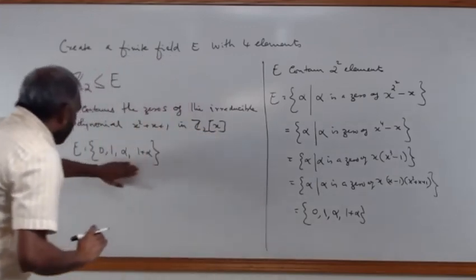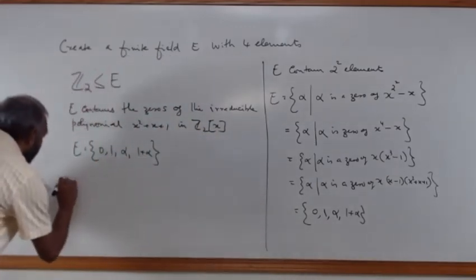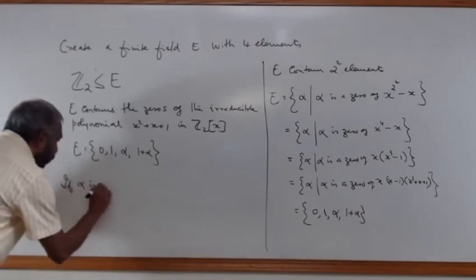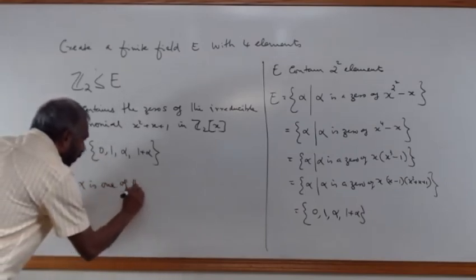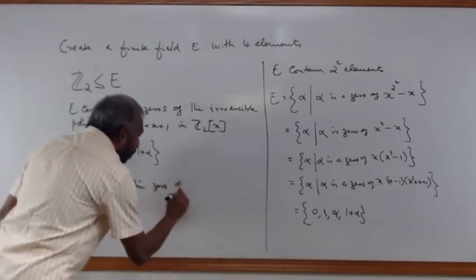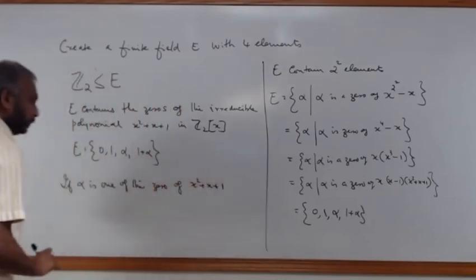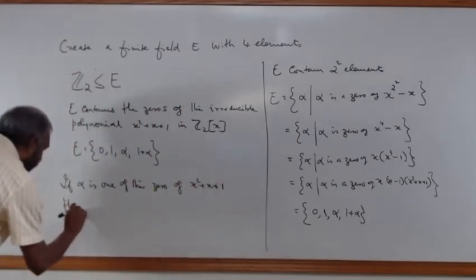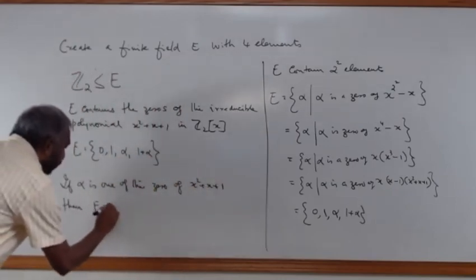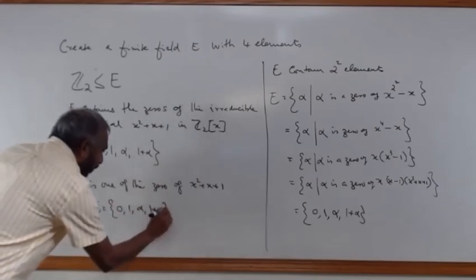Here we totally define that finite field. The way we arrived at alpha and 1 plus alpha is like this. If alpha is a 0 of x square plus x plus 1, then E is equal to 0, 1, alpha, 1 plus alpha.